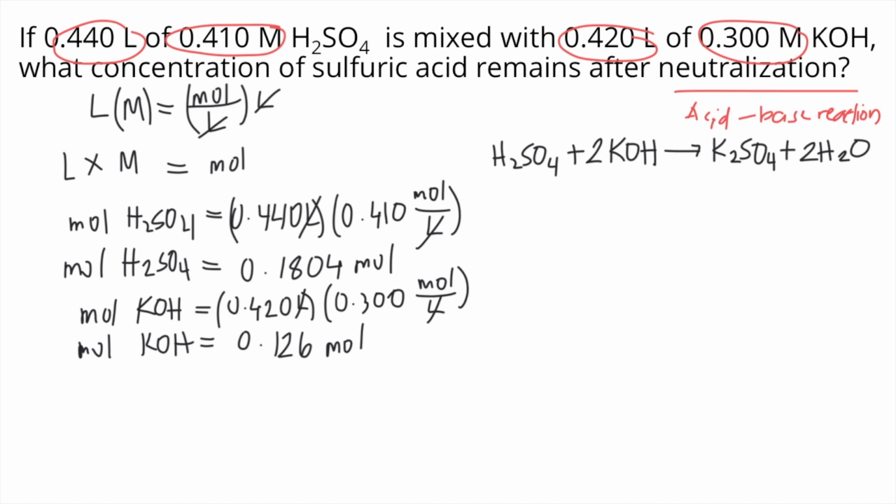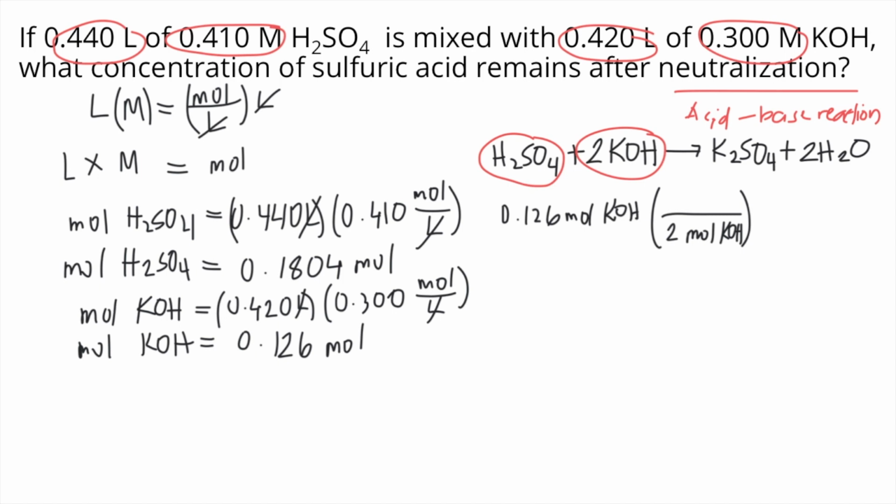Now again, in the problem, we have solved a while ago that there are 0.126 moles of KOH. According to the balanced reaction, for every 2 moles of KOH, it can neutralize only 1 mole of H2SO4.